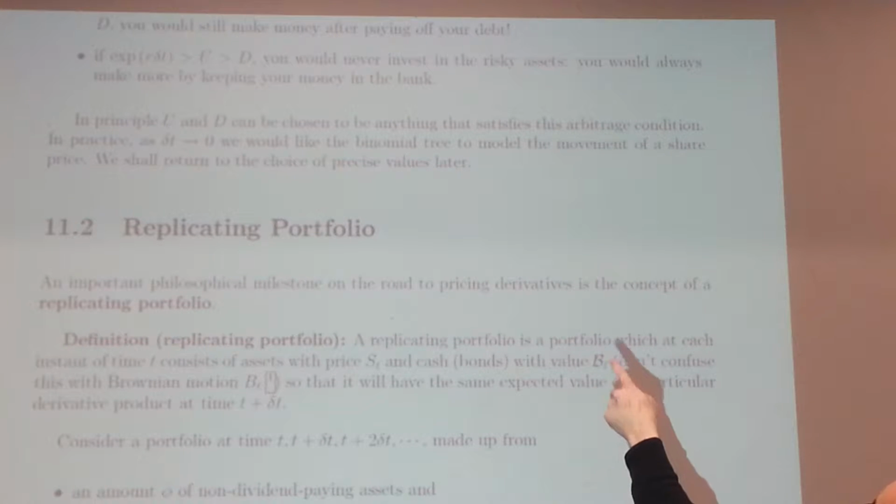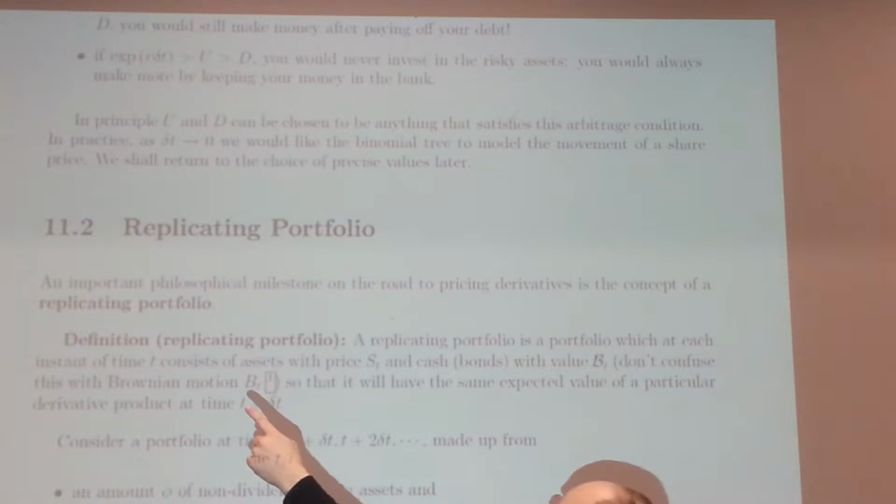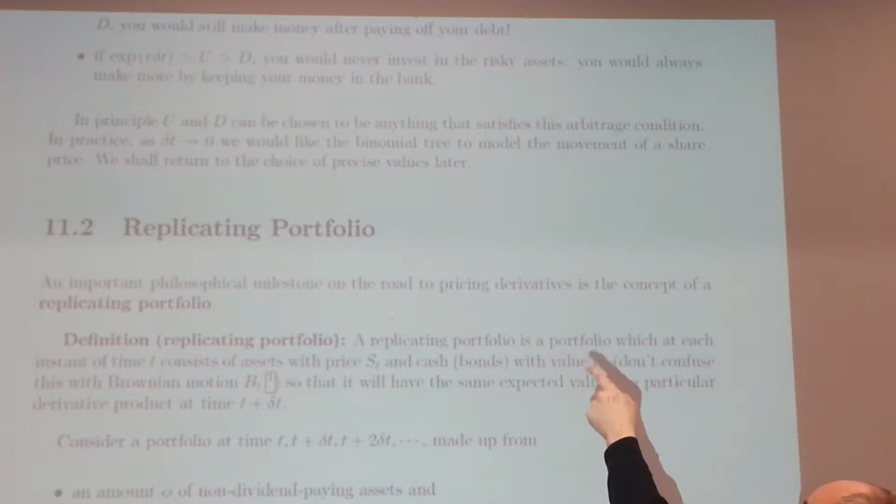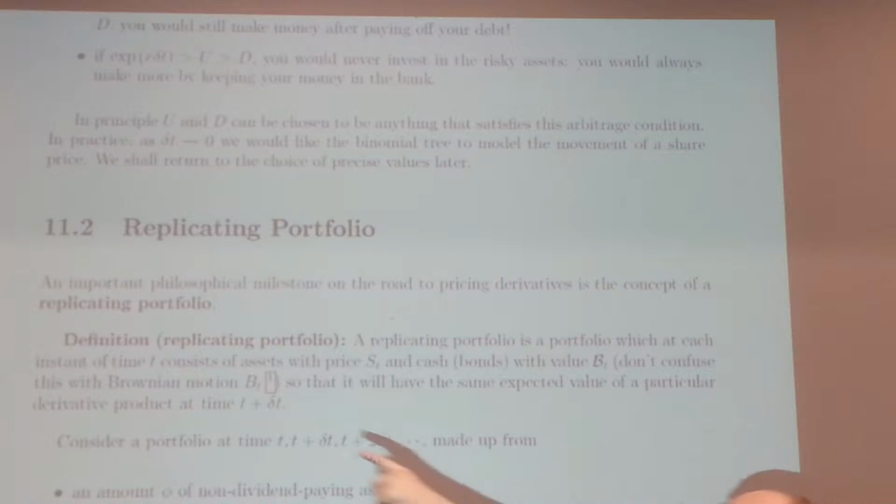The bonds have a value curly B_t, don't confuse that with Brownian motion B_t. I'm going to have it as a curly B_t, not a capital B_t, so that they've got the same expected value of the particular derivative product at the time t plus delta t.